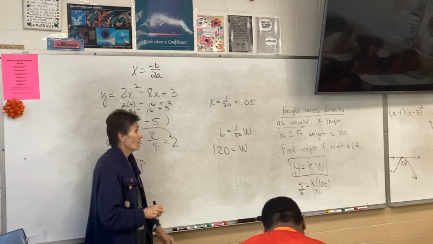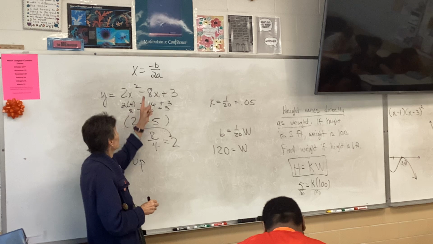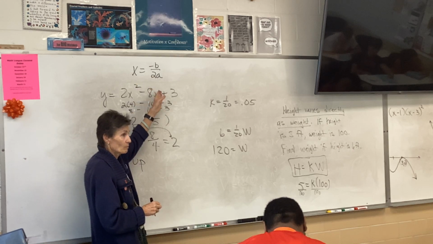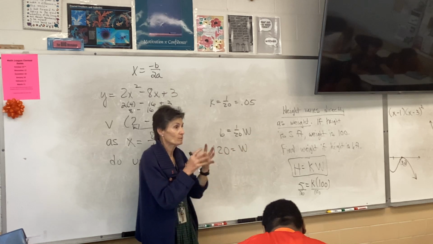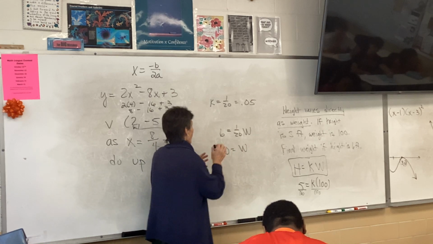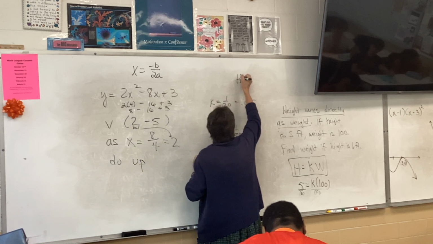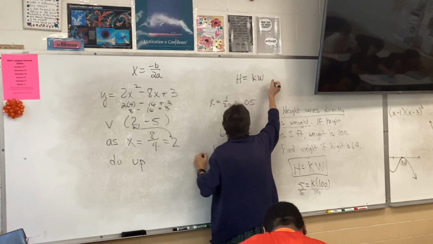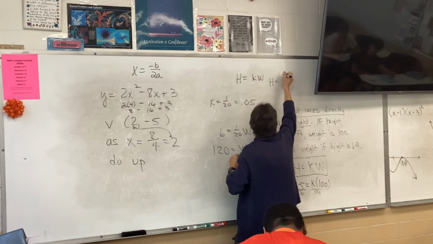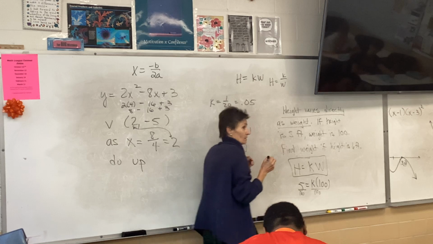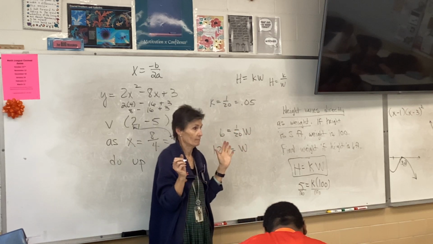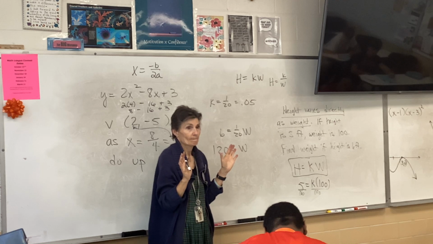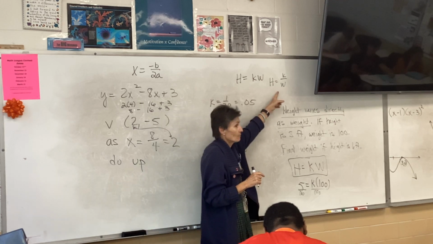So, remember for this problem, you have to remember H equals KW or H equals K over W. And then after that, it's just a matter of plugging numbers in. Direct, inverse.